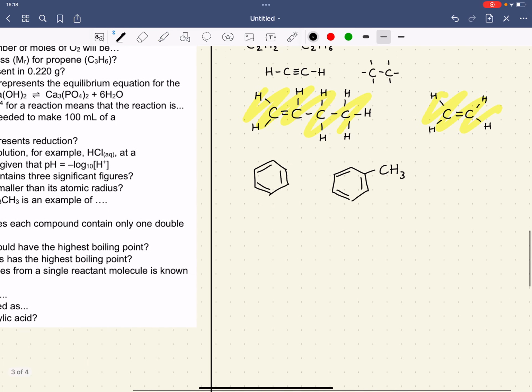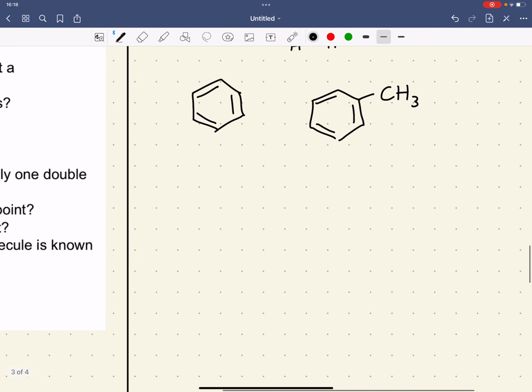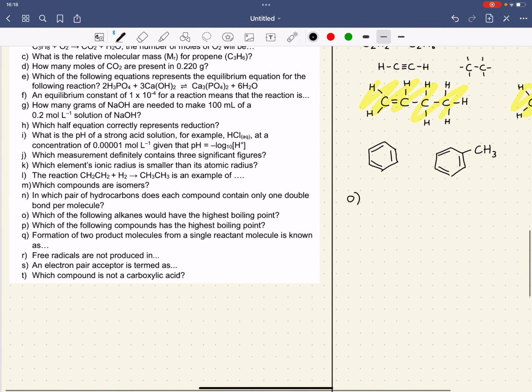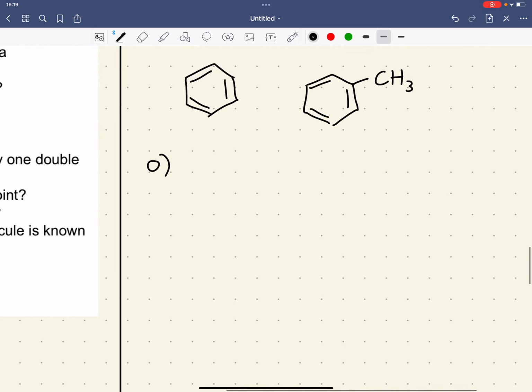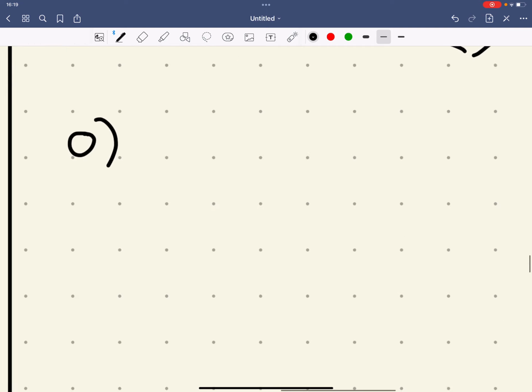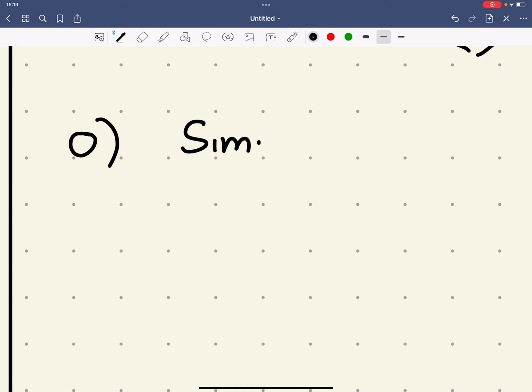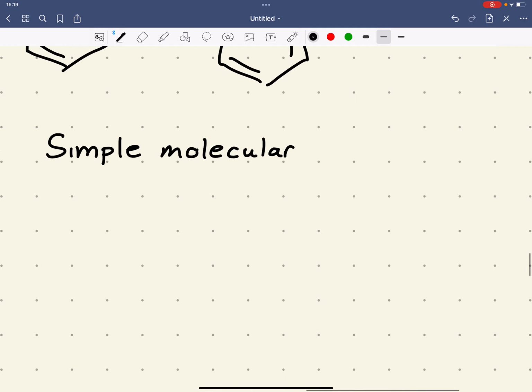Question 15, or part LMNO. We're on O now. Which of the following alkanes would have the highest boiling point? The boiling point of any substance is due to the forces between the atoms or the molecules. In this case, we're looking at simple molecular structures, so it's going to be to do with the intermolecular forces.